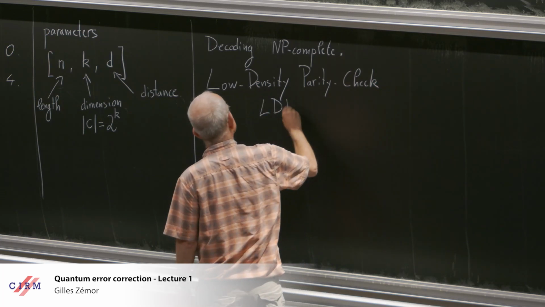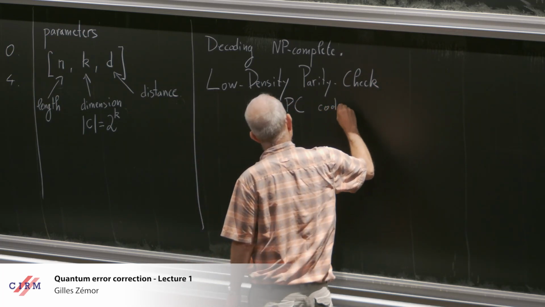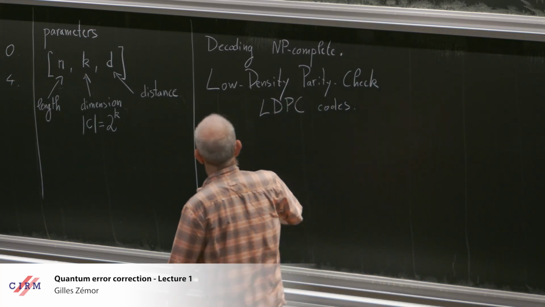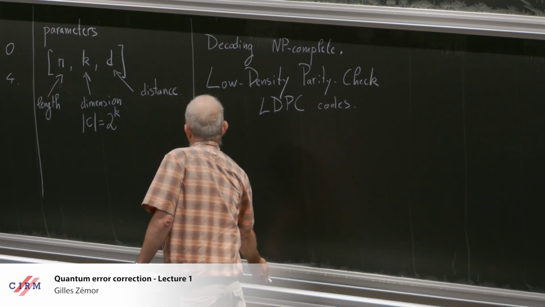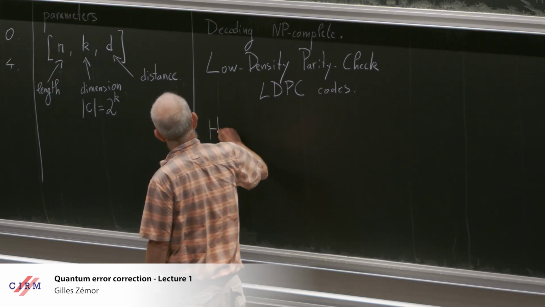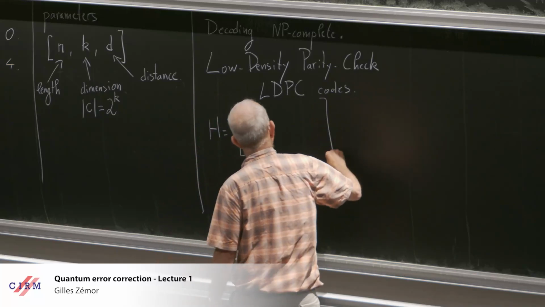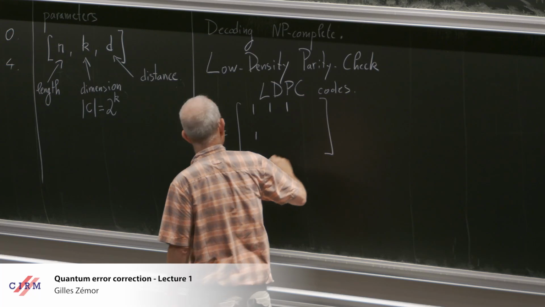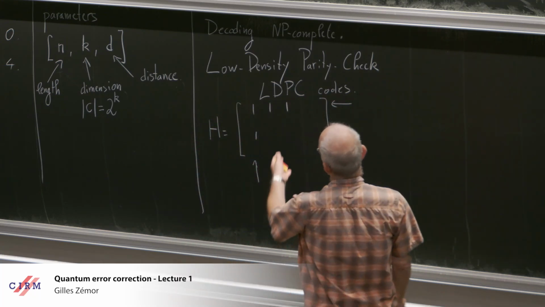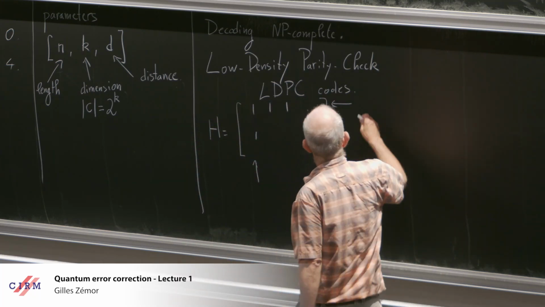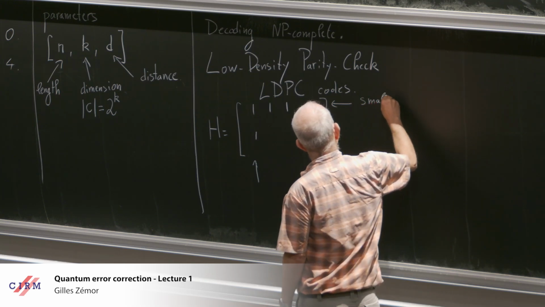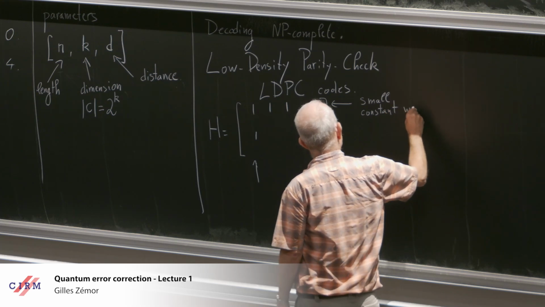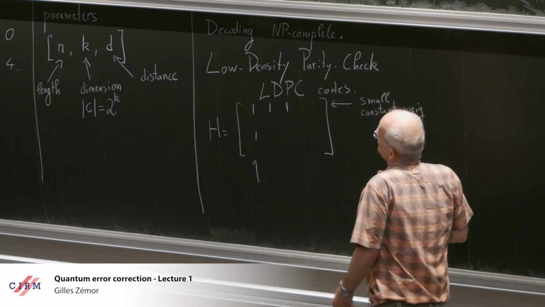So simply called LDPC codes. That were introduced a very long time ago. So the idea is very simple. You just choose the parity check matrix H with not many ones.